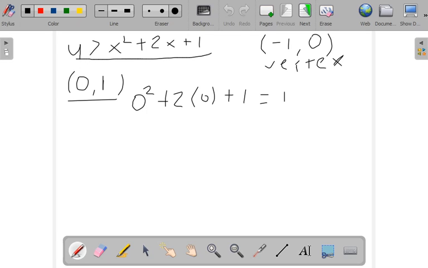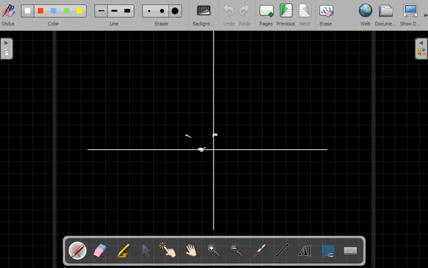Because it says greater than, we want to put a dashed line to indicate that it's not going to be greater than or equal to. If it was greater than or equal to, then we put a solid line on our graph. But because it says only greater than, we want to put a dashed line for our parabola.